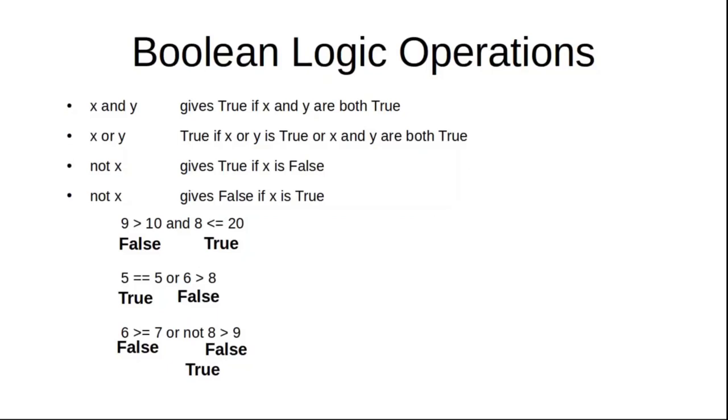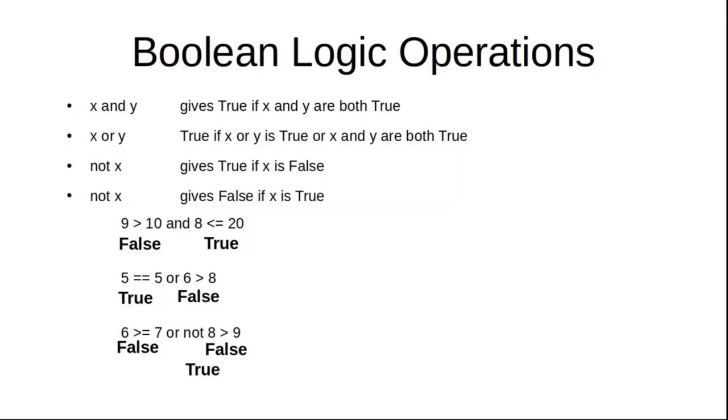In the OR operation, Python evaluates if any of the expressions is true. It returns false if and only if both are false. The NOT operator gives false if x is true and gives true if x is false.